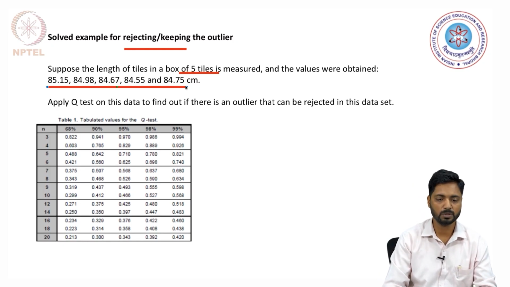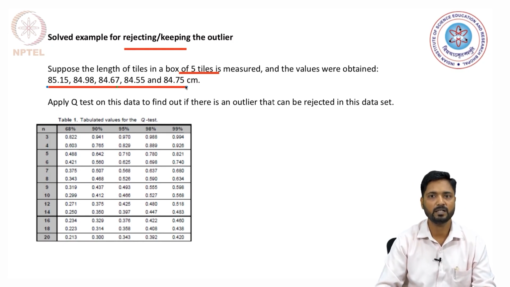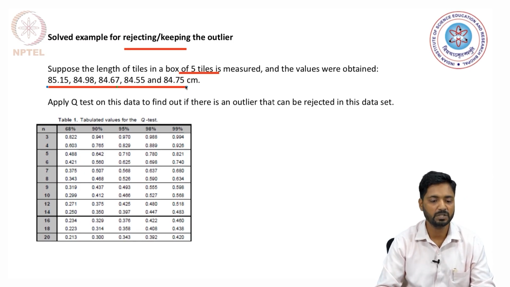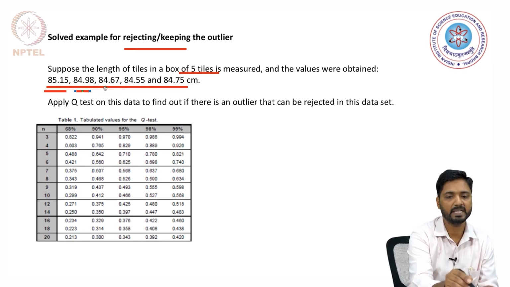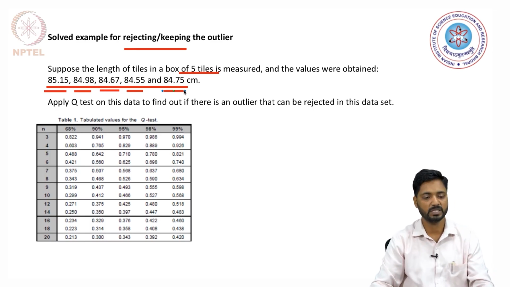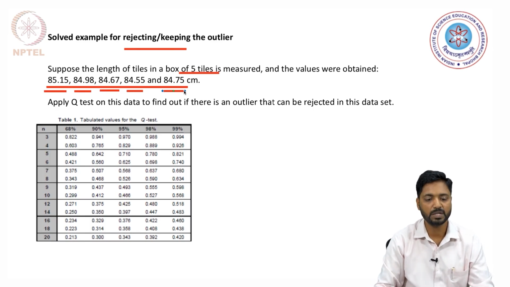Suppose we are dealing with a box of tiles and there are 5 tiles there, and the measured values of the length of the tiles are given as 85.15, 84.98, 84.67, 84.55 and 84.75. Now, we need to apply the Q test on this data to figure out if we are dealing with any outlier or not. Now, there can be 2 readings that can be considered as outliers, the largest and the smallest.